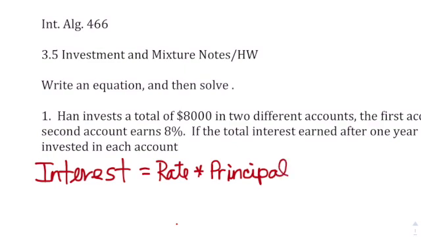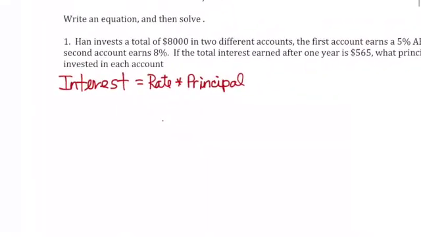And principal is like the beginning amount that you put in, and the rate is, in this case, the percentage. So the percentage times whatever money you have in your account, and then that will give you interest. And that's a typical saving account. Okay, so keep that in mind.